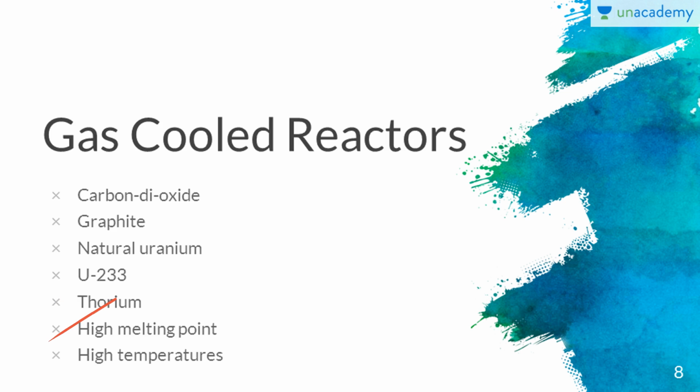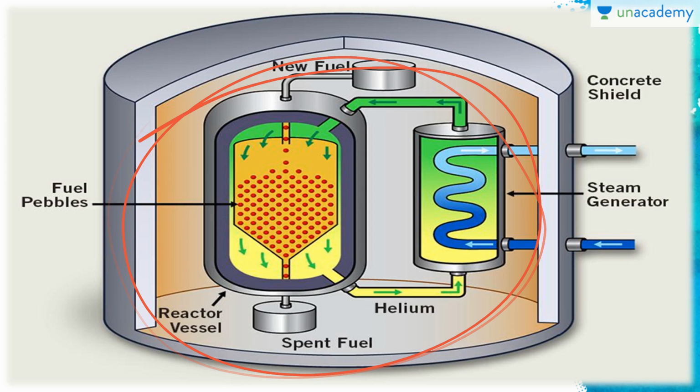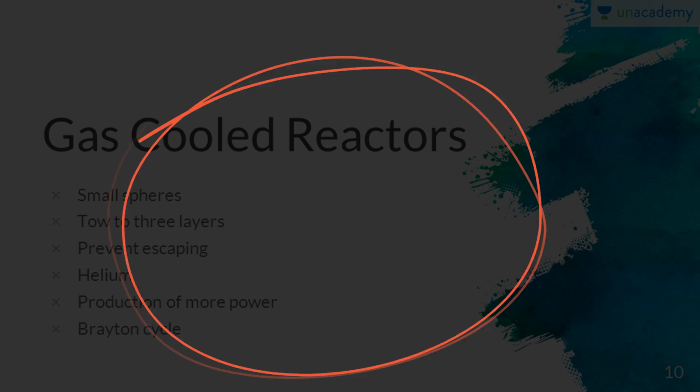Because of the very high melting point of graphite, these fuel elements can operate at very high temperature, and it is possible to generate steam at conditions equivalent to those in modern coal fired power plants. So this is how the gas cooled reactors are available and how they are there. This is an image depiction of a gas cooled reactor.